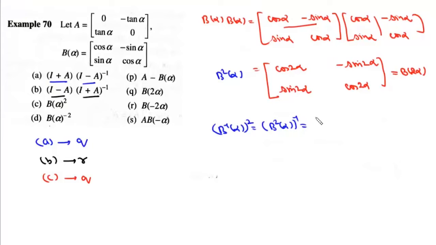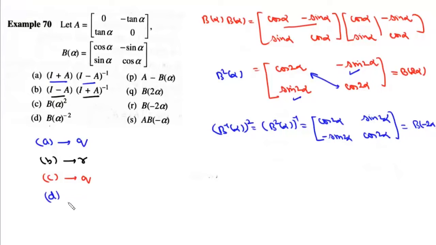So its inverse will be simply, we'll interchange A and D. So it will be cos 2 alpha, and we change the sign of B and C. So it will be sin 2 alpha and minus sin 2 alpha, which is nothing but B minus 2 alpha. So this D matches with R. So answer to this question is QR.